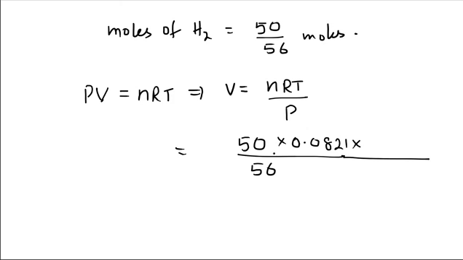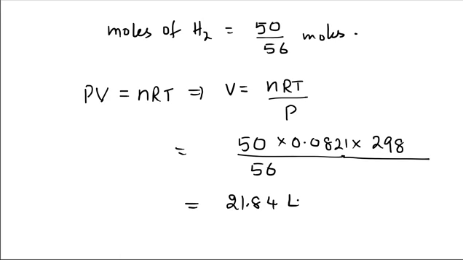The reaction is carried out at 25 degrees centigrade. That is going to be 298 K. So if we do the mathematics, 50 times 0.0821 times 298 divided by 56, I got 21.84 liters.